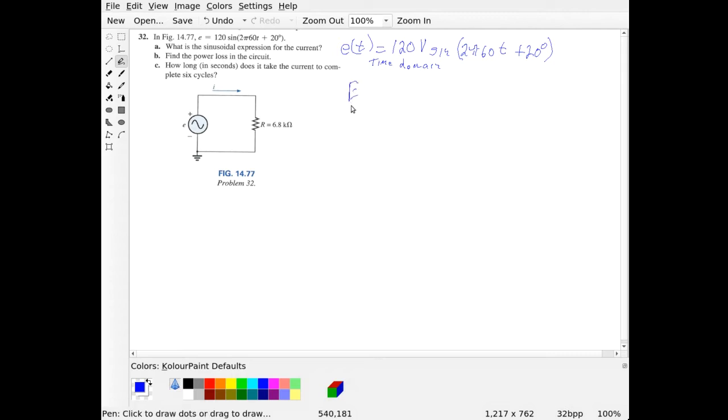So in the phasor domain, I would make this a capital E with an underline to indicate that this is a phasor. And so to go to a phasor, we take the voltage. Now this is the peak voltage because it's a sine wave, so we take that and divide it by the square root of 2.